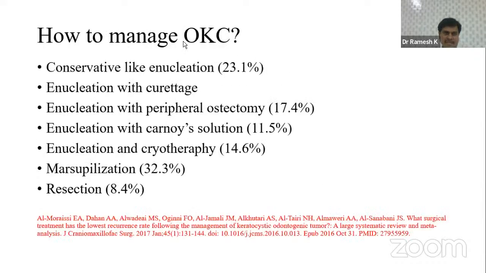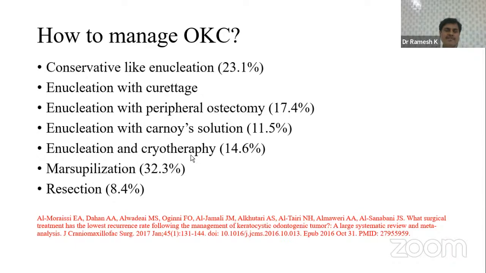We can manage conservatively, like enucleation. The recurrence rate is highest in conservative management, enucleation with curettage or enucleation with peripheral osteotomy, or even including Carnoy's solution applications. In cryotherapy, there is a chance of bony damage or fractures.